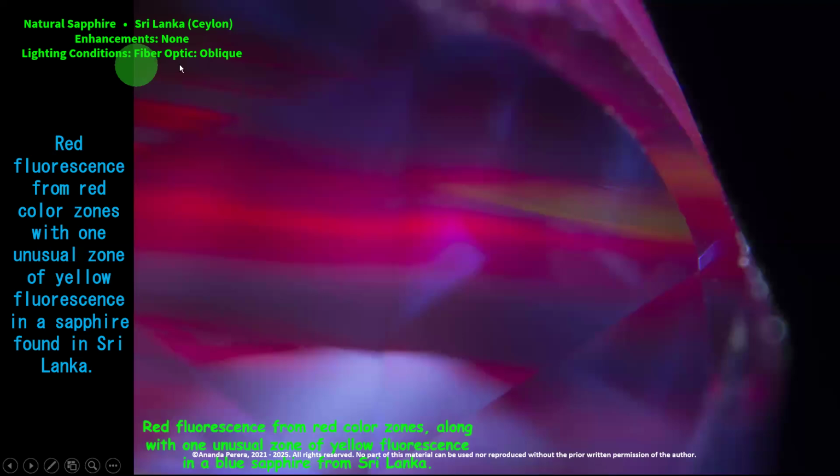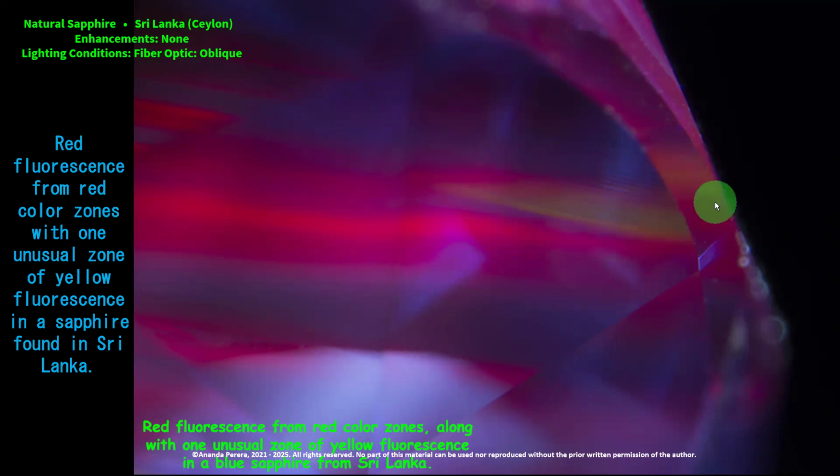The lighting condition is fiber optic oblique, only one. You can see yellow color here and the red inside the green. So it is fluorescence. This stone is a natural Sri Lankan stone. Red fluorescence from red color zones.